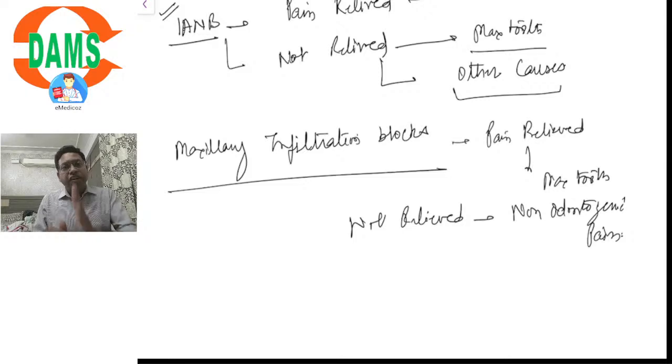But that is not a very accurate method of testing because giving intraligamentary injection into one particular tooth can also anesthetize the adjacent tooth. So the principal indication for anesthetic test is to identify the arch of the tooth which is causing the pain, whether it is the maxillary or the mandibular arch, and not to identify a particular tooth in that arch.